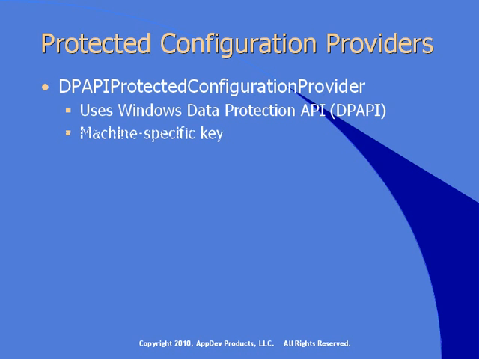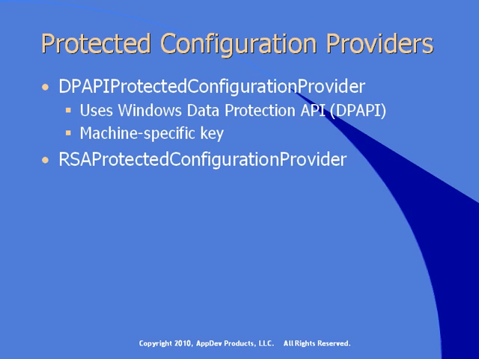DPAPI uses a machine-specific key that can be used to encrypt data only that is located on the current machine. This is useful for anonymous services, but it provides less scalability than the other provider.